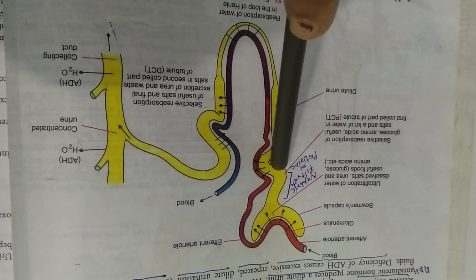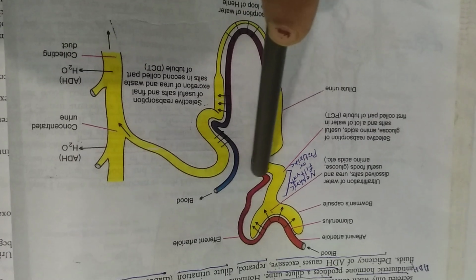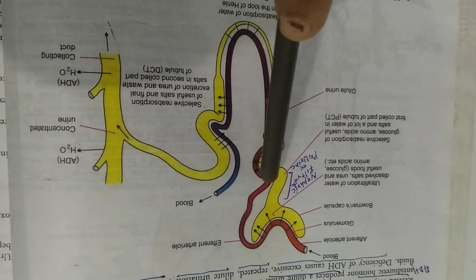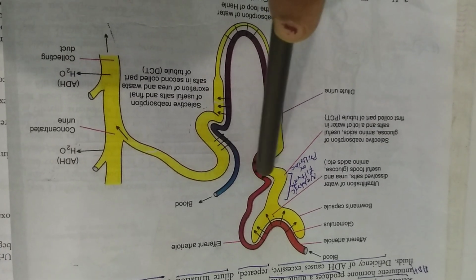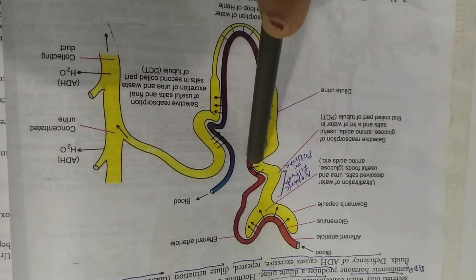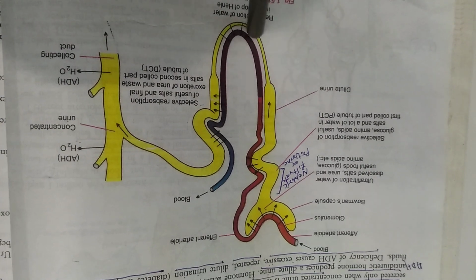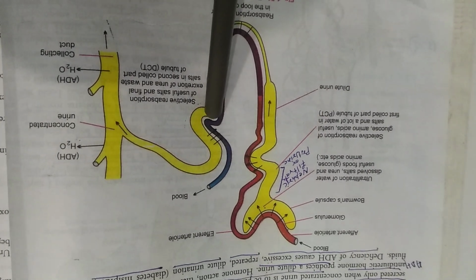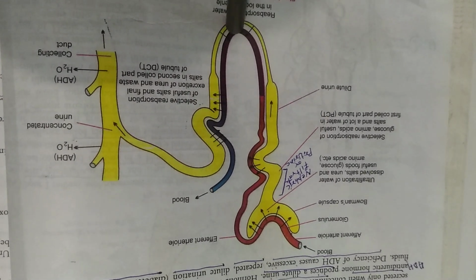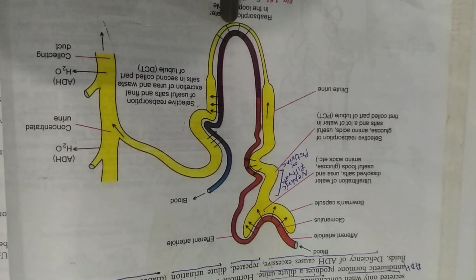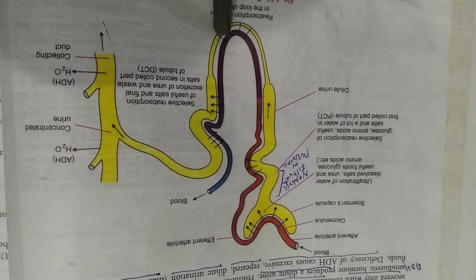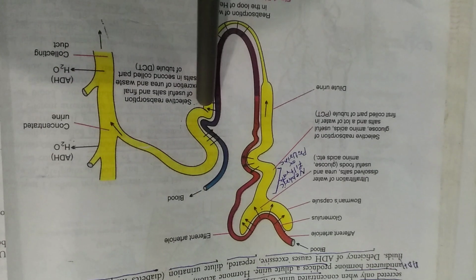Here it is absorbed into peritubular capillaries. So first reabsorption takes place in PCT. Then this filtrate passes to the U-turn loop of Henle. Here some amount of water gets absorbed. Then this filtrate moves to the DCT.